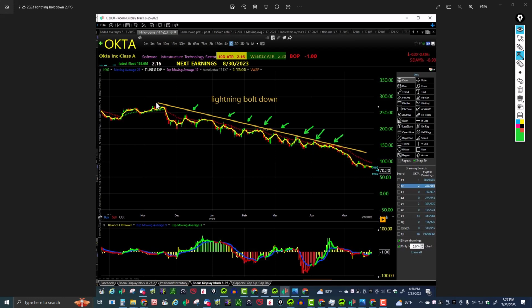Just like that. To me, this is the Holy Grail. This is a resistance line. It's the top where sellers have shown me they're going to sell. And they've created this pattern of every time they get up to that level, they're going to sell. And they have.